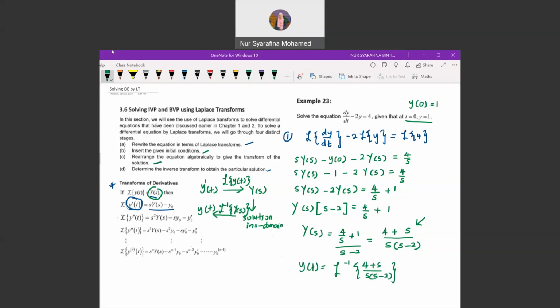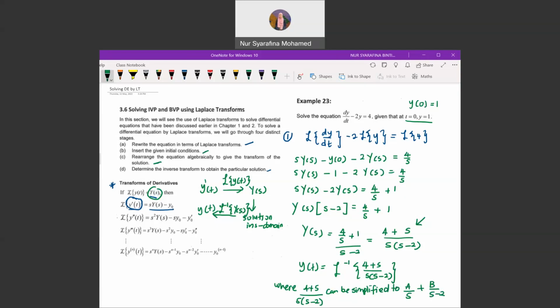Okay, so as you can see, this is a fraction where the denominator is a combination of s and s minus 2. And then we can simplify by using partial fraction. So now 4 plus s over s minus 2 can be simplified to A over s plus B over s minus 2.